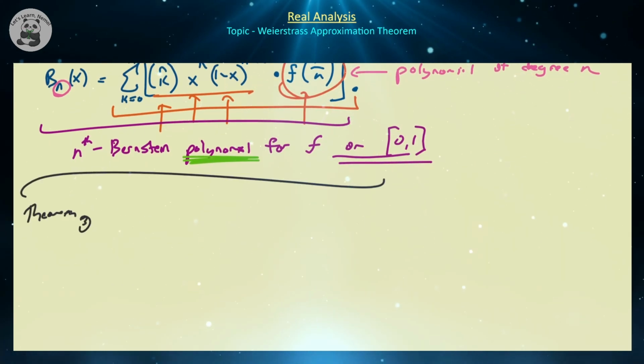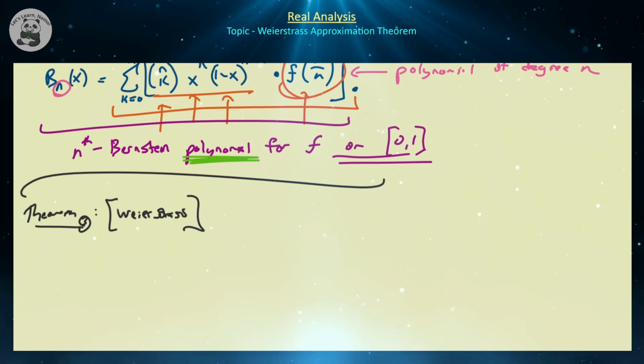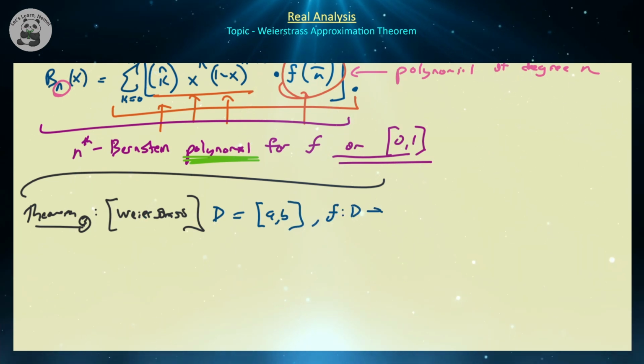So theorem 3, and this is the superstar. This is the Weierstrass Approximation Theorem, and it says the following. Let's assume that D is equal to the closed interval [a, b]. Let's assume that f has a domain of this closed and bounded interval, and that f is continuous on this domain.